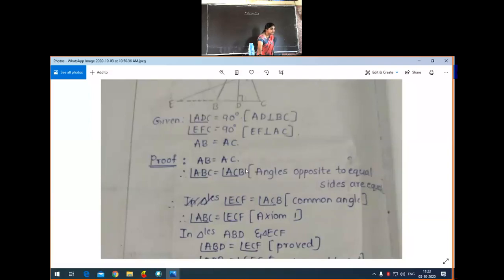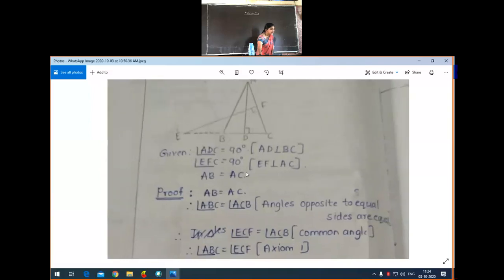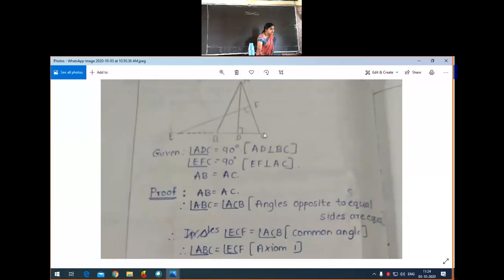According to the axiom, since ACB is common, can we show that angle ABC is equal to angle ECF? This angle ABC is equal to angle ECF.